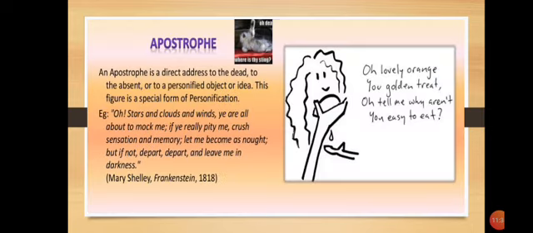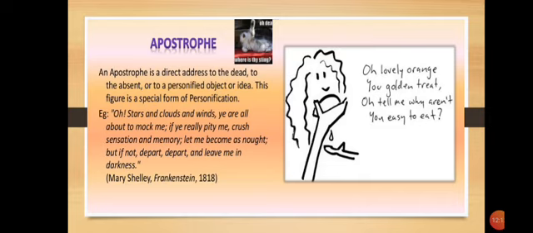Now we have apostrophe. What is apostrophe? I hope you all must have heard this nursery rhyme. Twinkle, twinkle, little star. Oh, I wonder what you are. Remember that? So that is a beautiful example of apostrophe. What is apostrophe? When the poet is addressing a person or a thing or some object or some idea, but that is not actually present, right?